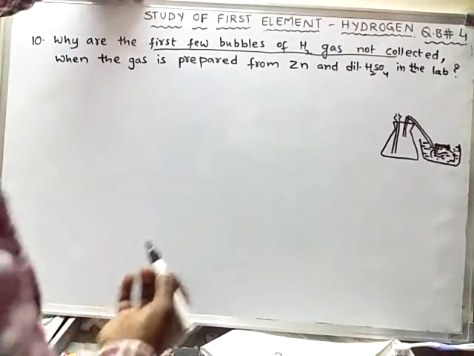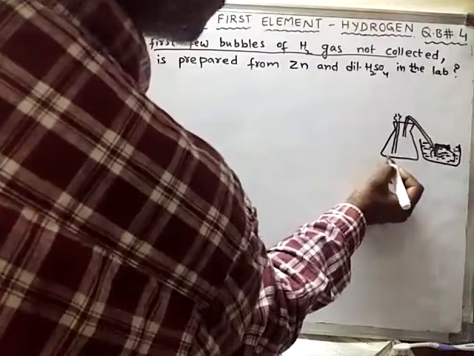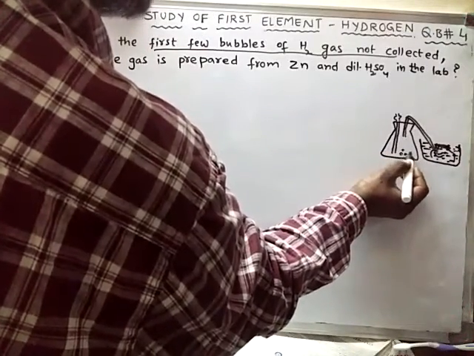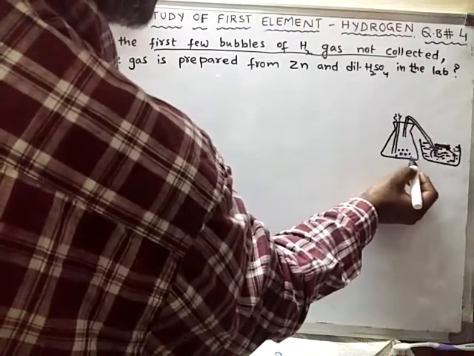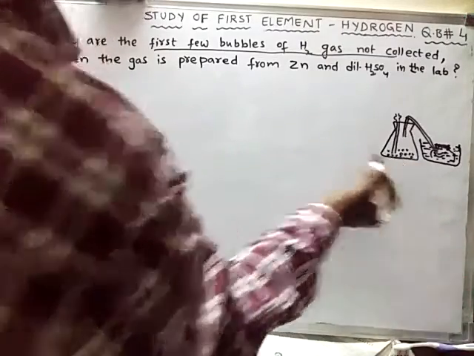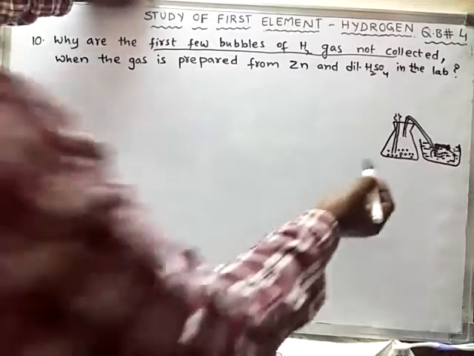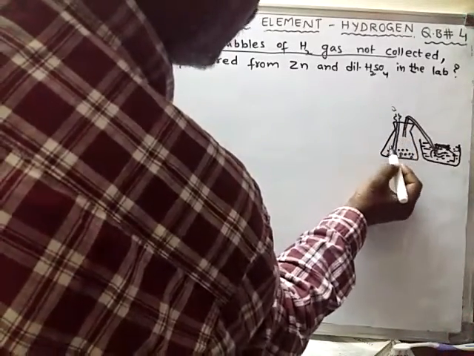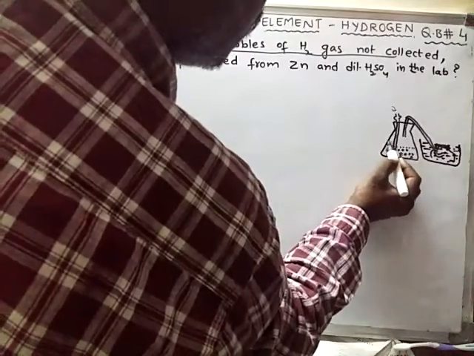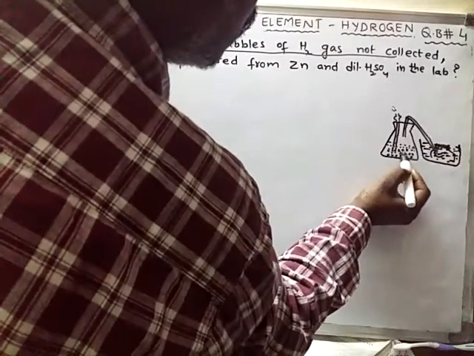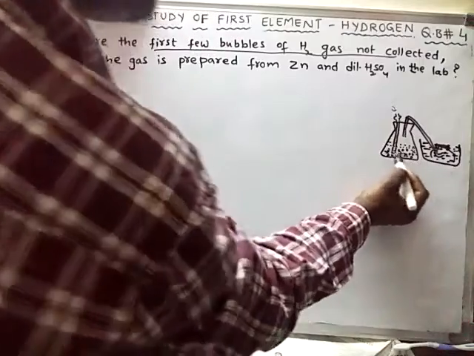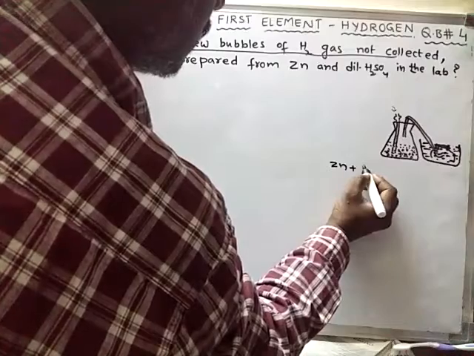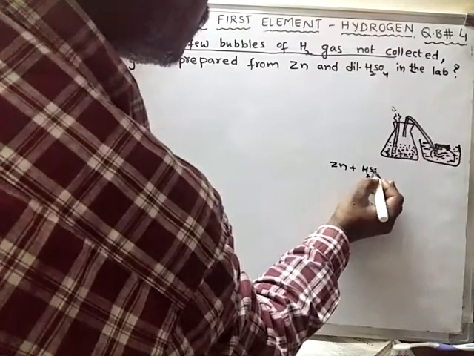How is hydrogen gas prepared? This is called a conical flask. Inside the conical flask, first we have kept granulated zinc pieces, and after that we have poured concentrated sulfuric acid through the thistle funnel.